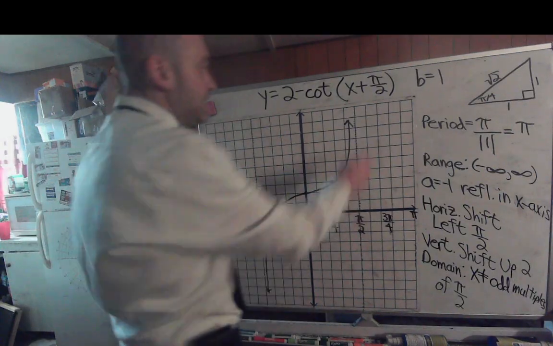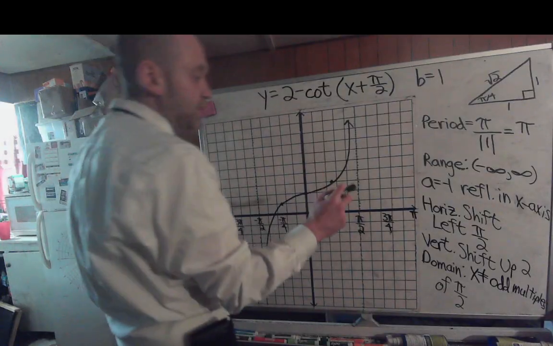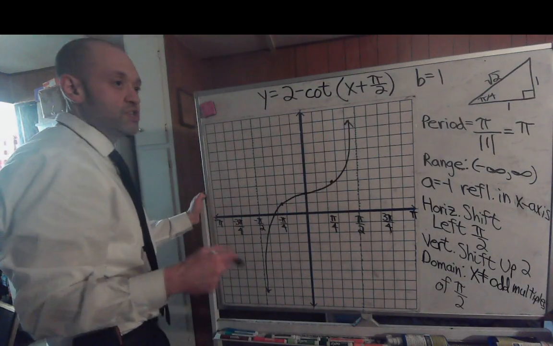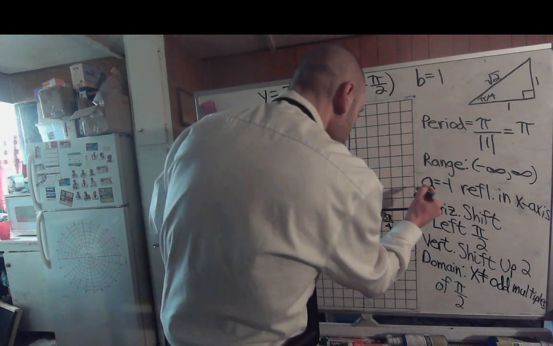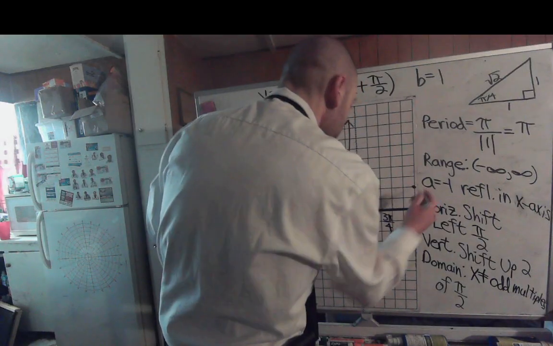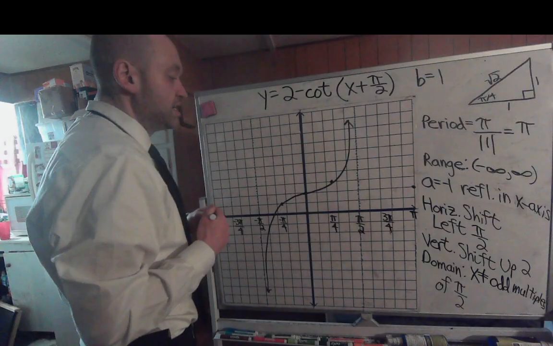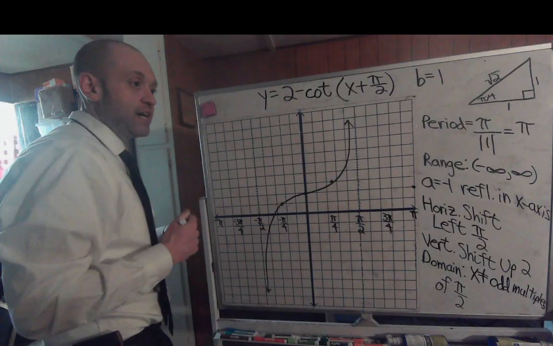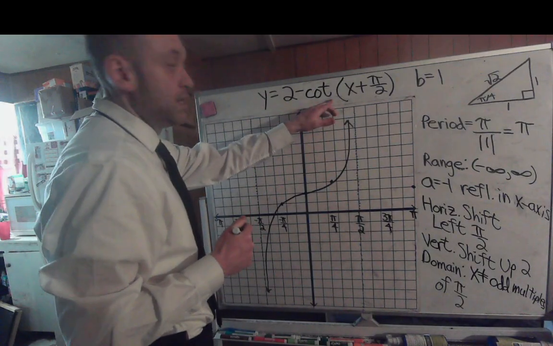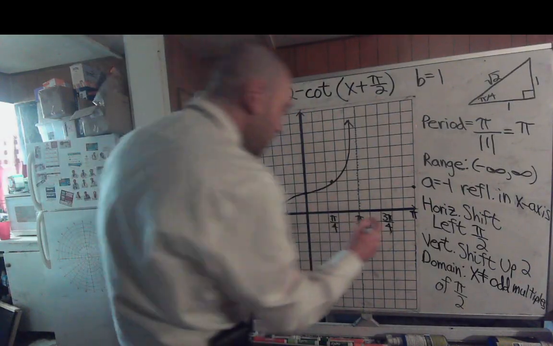So if I put in pi, I'm going to get the cotangent of 3 pi over 2, which is 0, plus 2, that's going to be 2. If I put in 3 pi over 4, I would end up getting 5 pi over 4. Well, my cotangent of 5 pi over 4 is positive 1. I have to negate that 1, and then I add 2, I'll just get 1.